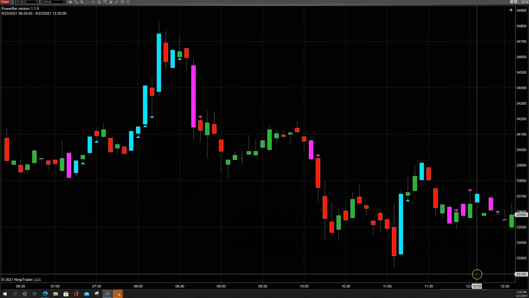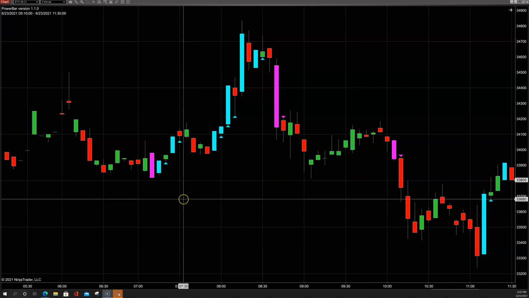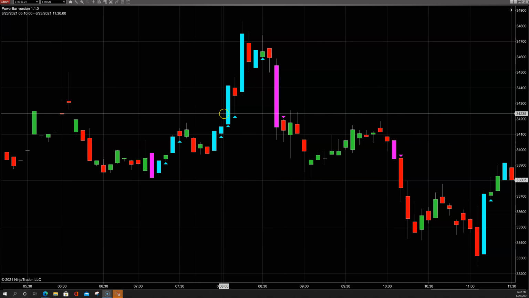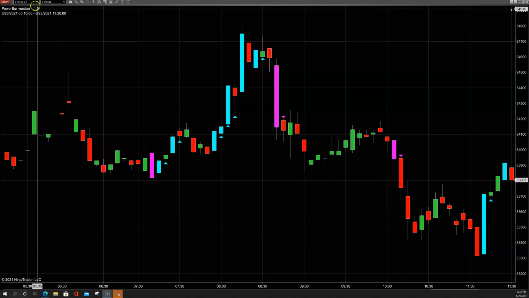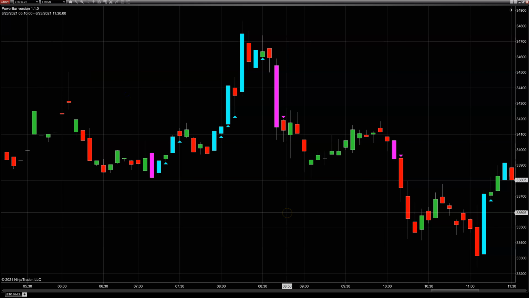Okay, so anyway, here's the CME Bitcoin contract again. It's a 5-minute chart, and it doesn't look too bad if you're trading the CME contract. Now they've got the micro contracts, listed under micros here. I forgot what it's called.